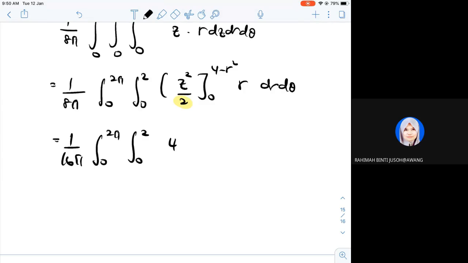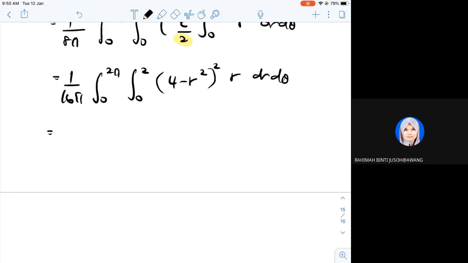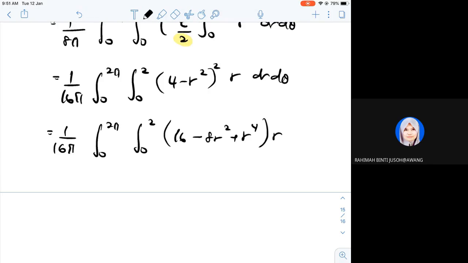So 4 minus r squared multiply with r dr d theta. So let us expand this. 0 until 2 pi, so jadi 16 minus 2 times 4 is 8 r squared plus r to the power of 4 multiply with r dr d theta.